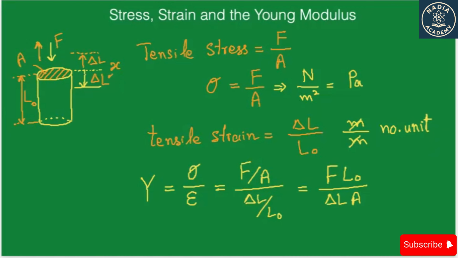Here, this Young's modulus is the material's property, which also tells us the stiffness of the material and its response to externally applied forces, whether it will get an extension or not, or how much extension this system would get.